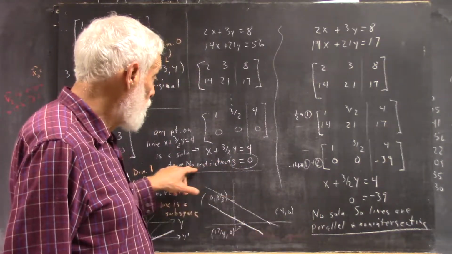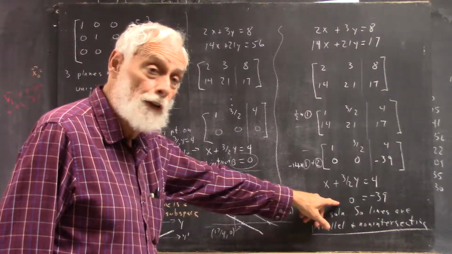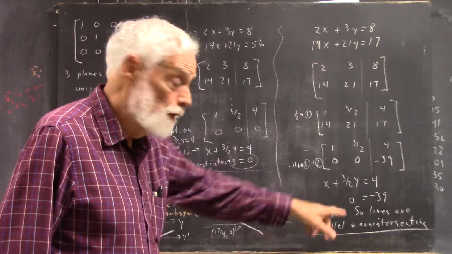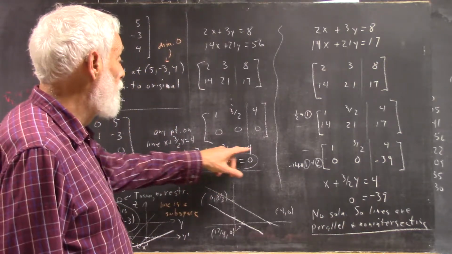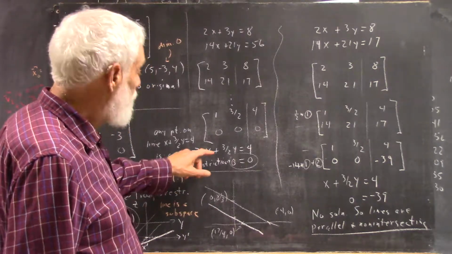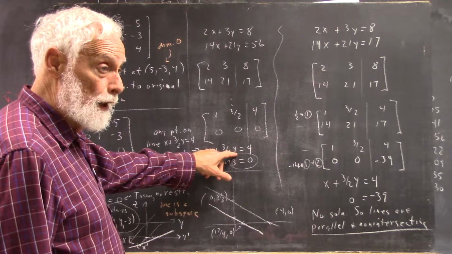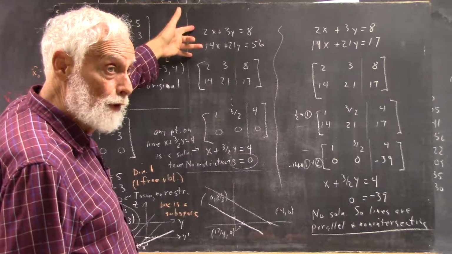This means that there's no restriction based on this, whereas here, you're totally restricted, there's no solution. In this case, your solution is the entire line, x plus 3 halves y equals 4, meaning that any pair of numbers x and y that satisfy this will be a solution to both equations.